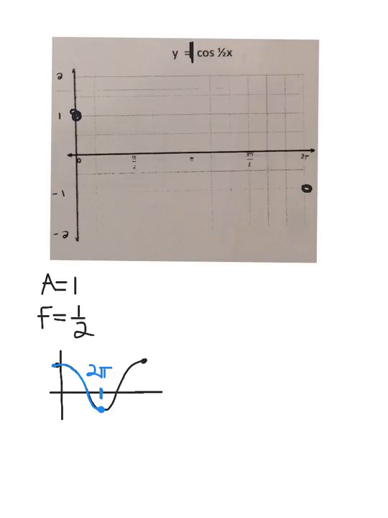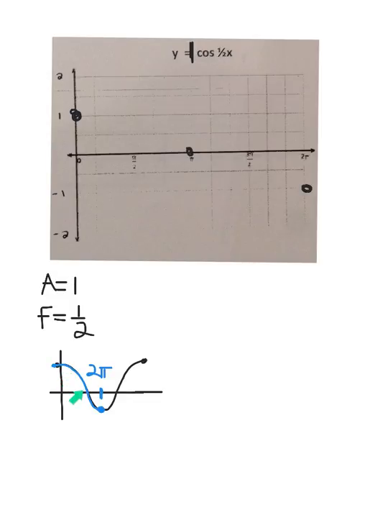Okay, so let's talk about the middle here. So here's my maximum. Here's my minimum. Aren't I supposed to be hitting 0, or hitting the x-axis, smack dab in the middle of the maximum and the minimum? So then here at pi is where I should be hitting the x-axis. So I'm going to put a dot right there. Okay, so now I know that my picture is not beautiful and it's actually not very accurate, but it was a sketch.